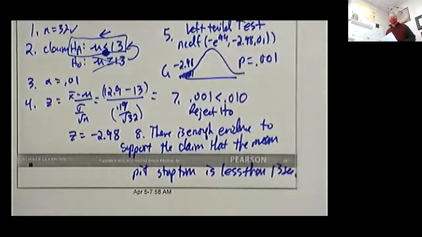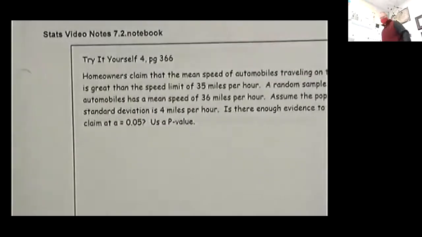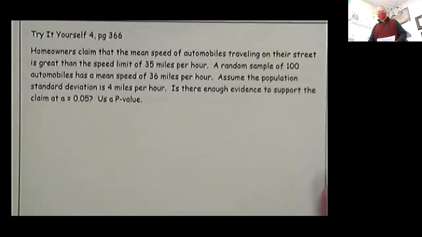So they proved their claim. Well, they didn't really prove it. There's not enough evidence to reject it. So there's enough evidence to support the claim that their mean stop time is less than 13 seconds. And we're going to just work through several examples as we go here.